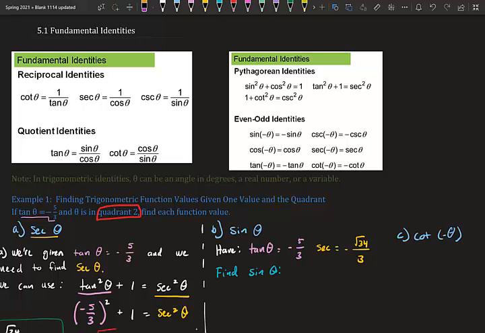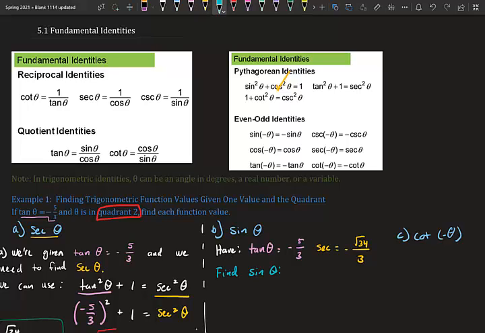Now, there's no one answer to this. I'm going to show you one way, but there's multiple things we could use. Because remember, sine is the reciprocal of cosecant, and secant is the reciprocal of cosine. So we technically have cosine, if we flipped the secant.